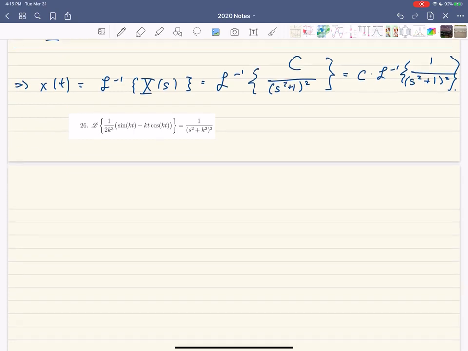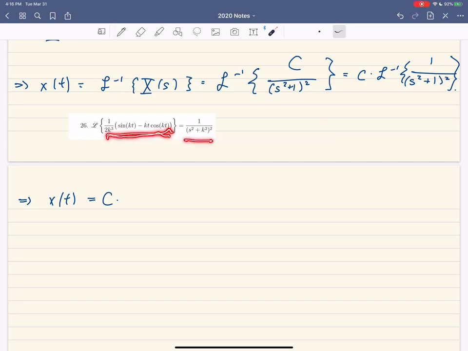So it turns out that x is just going to end up being this inside argument here where k is 1. So what I'm saying is that the Laplace transform of this guy, the Laplace transform of 1 over 2k cubed and so on, is this 1 over s squared plus k squared quantity squared.